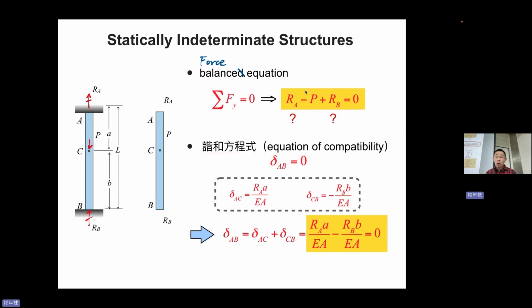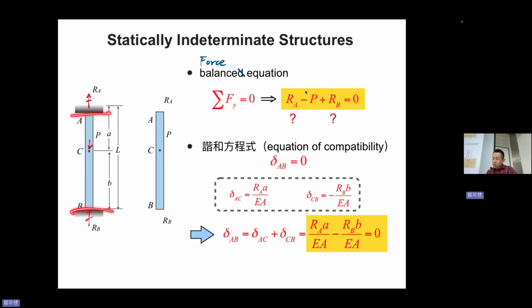Compatibility equation. Compatibility means that you need to fit the current status. 它必须要符合现状。Because now it is constrained between the ceiling and floor, delta AB needs to be 0, right?